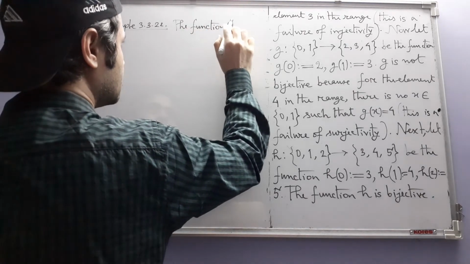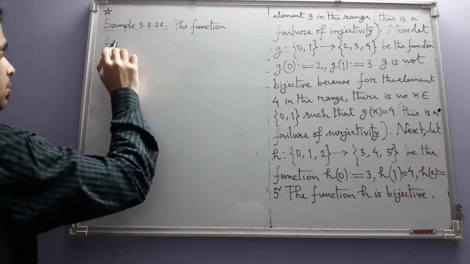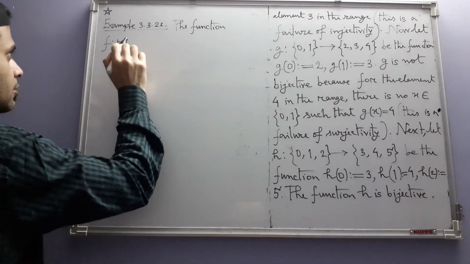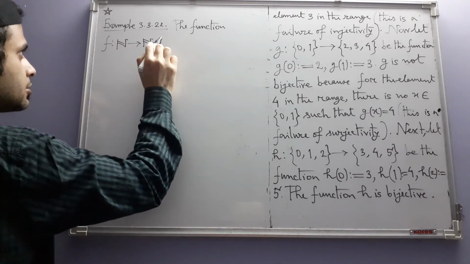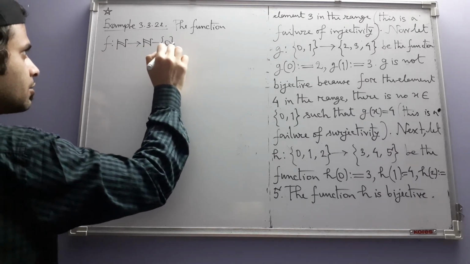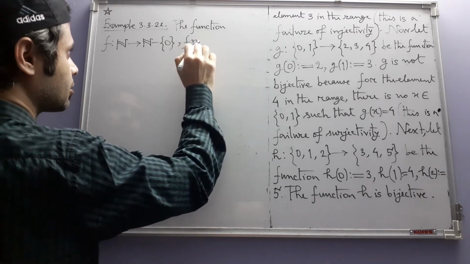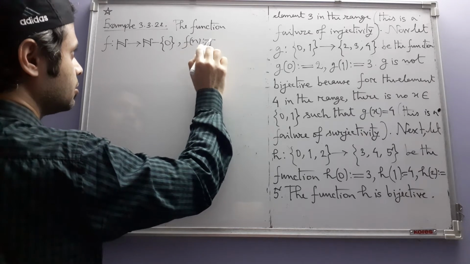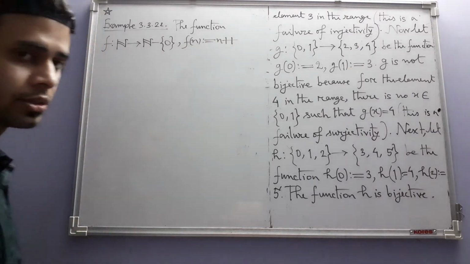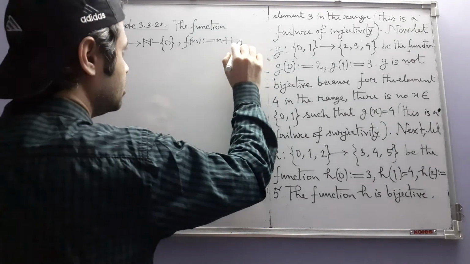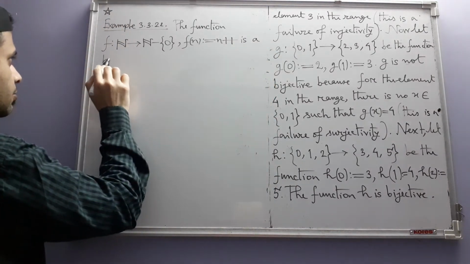The function, let me write it here, f from the set of natural numbers into the set of natural numbers from which we have removed 0, and the function is nothing but the increment function, is a bijective function.